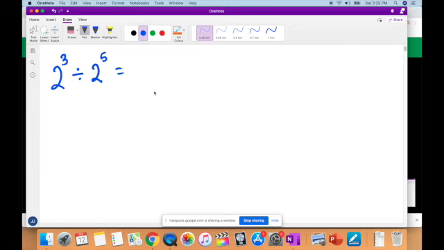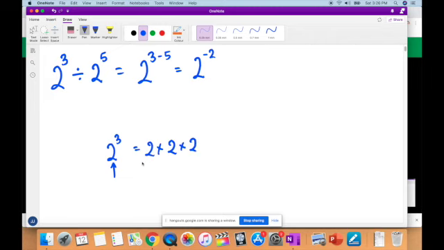2 to the power of minus 2. So we have here, according to the rule, 2 to the power of 3 minus 5, yeah? And that is 2 to the power of negative 2, right? Here is my question. I know that 2 to the power of 3 means I'm taking 2 and multiplying it by itself 3 times.